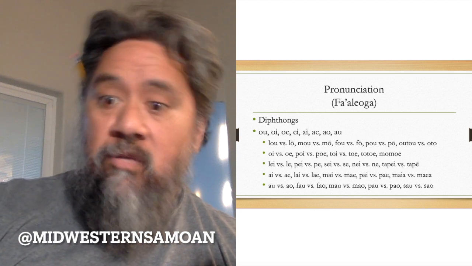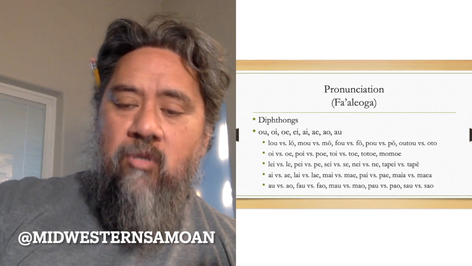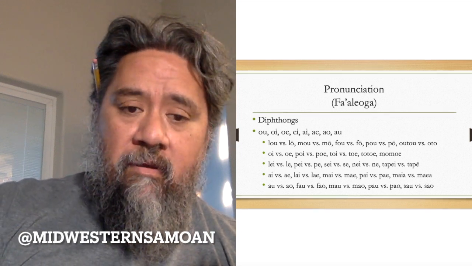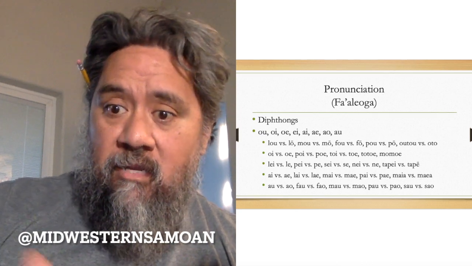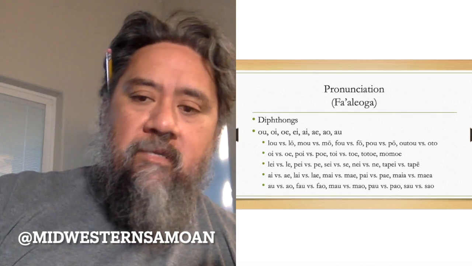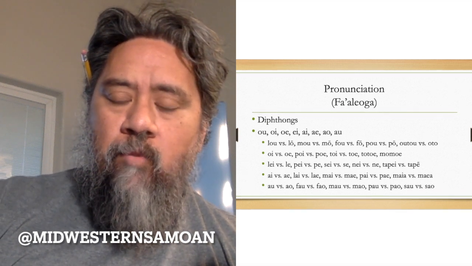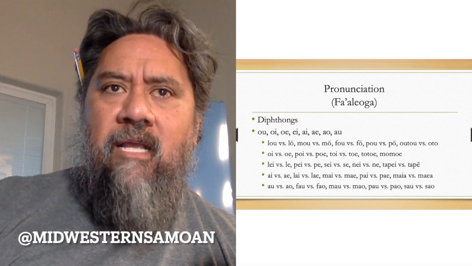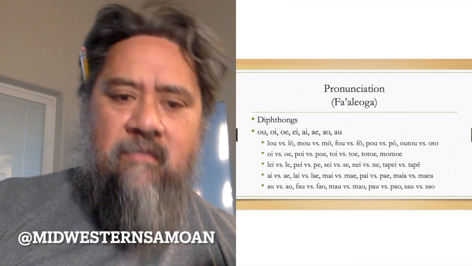Like, there's no W in the Samoan language. So when you put OU together, like in the words lo and mo and fo, it sounds like a W at the end, right? So that's how we are able to create more of what I think they're called voiced consonants, like vowel sounding consonants.